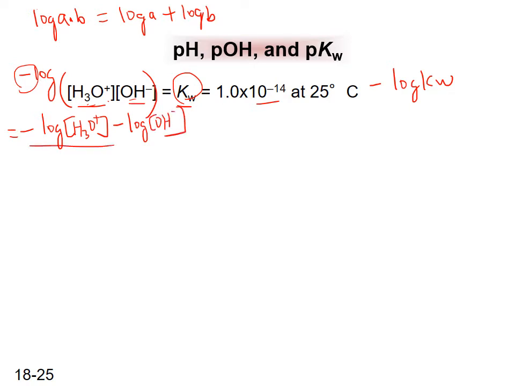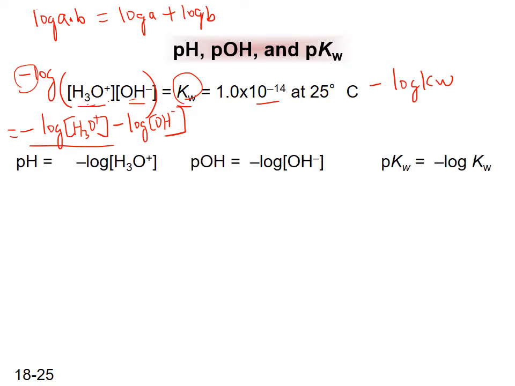Now the first one is the definition of pH. This is just the pH. Similarly, we can define the second one as pOH: negative log OH is pOH. And the right side, negative log Kw, can be defined as pKw.